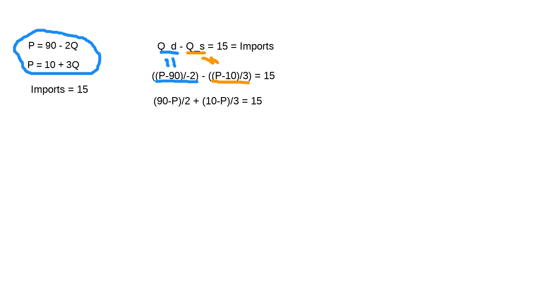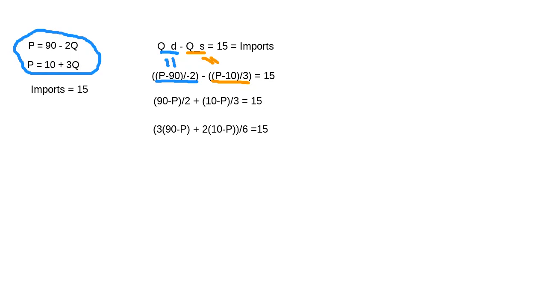Cross multiply the 3 on the other side, cross multiply the 2 on the other side, and then multiply the two denominators. 2 times 3 will give us 6. All this will equal 15. Then we're going to multiply the 3 through, multiply the 2 through, and multiply the 6 with 15.